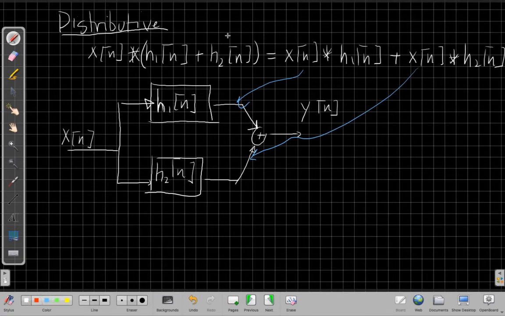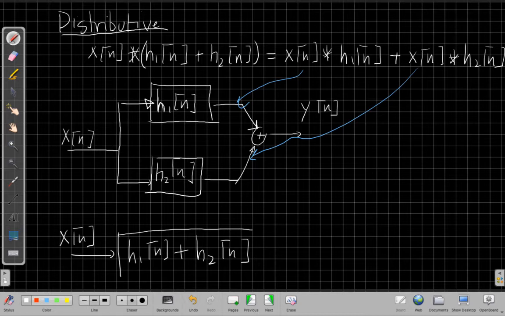What the distributive property says is I can represent this system by something like the left-hand side. Rather than implement the two systems in parallel, I could take the two impulse responses and add them, and I'll get exactly the same result.